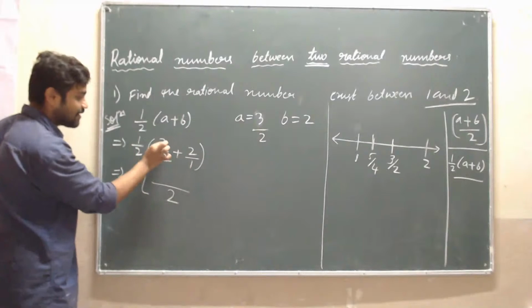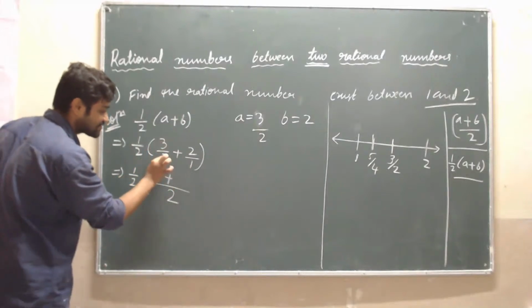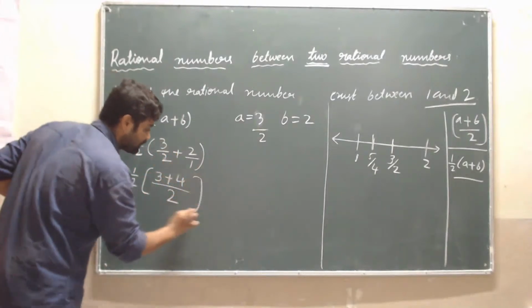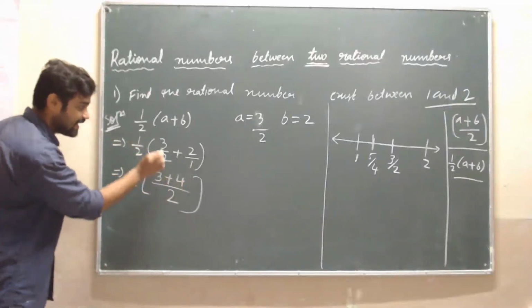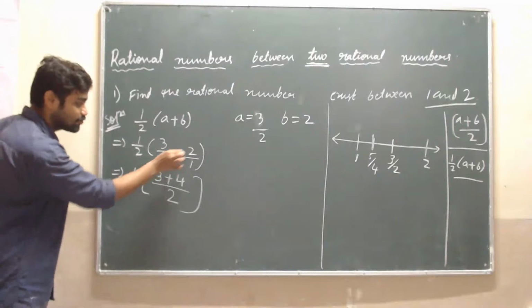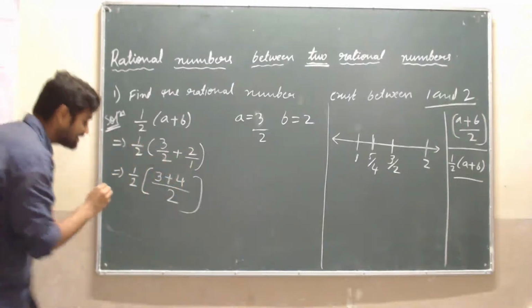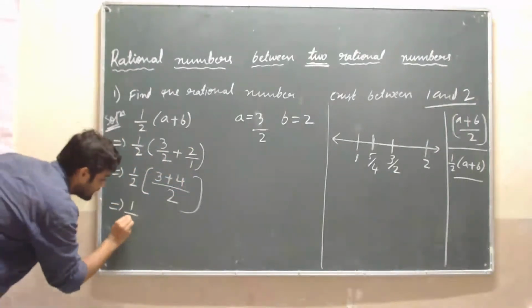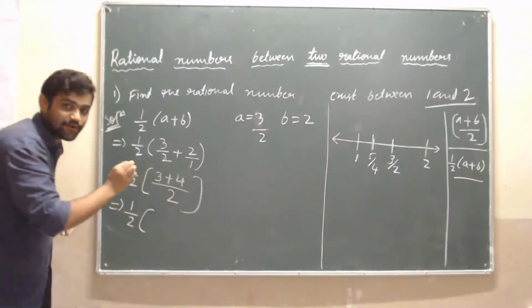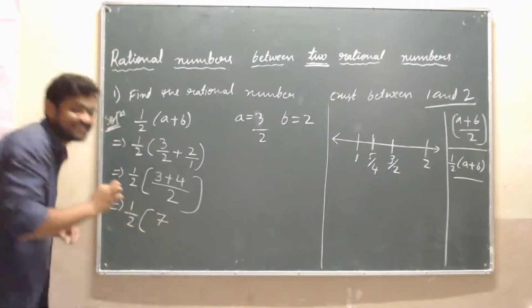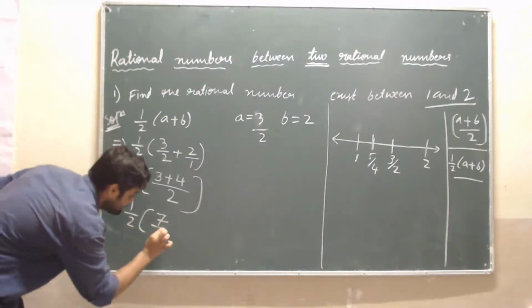Then cross multiply: 1 three is 3 plus 2 twos are 4. Are you understanding? Then the next step, 1 by 2 as it is, then 3 plus 4 is equal to 7, so 7 by 2.